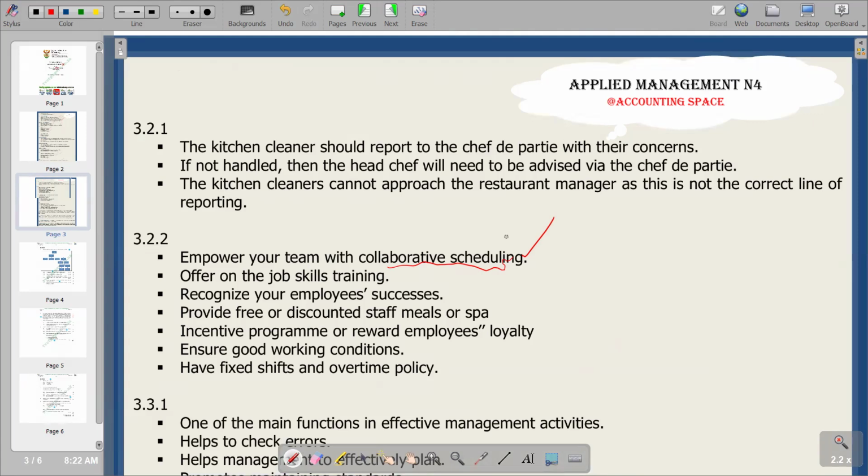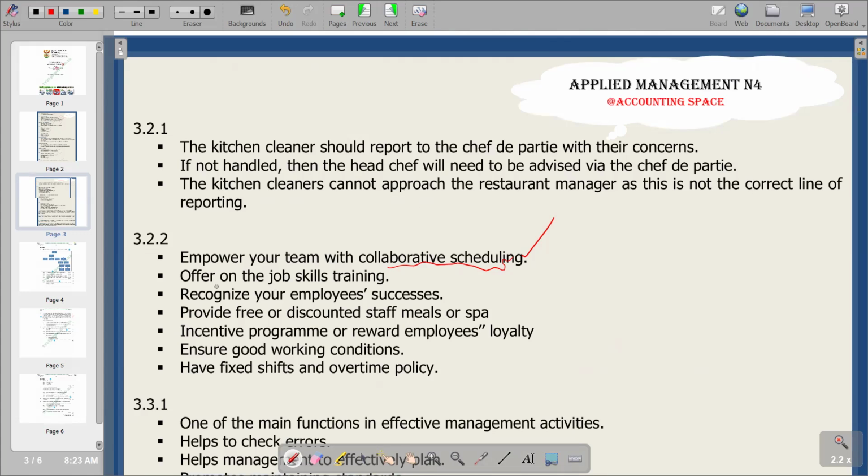This is an approach where team members, rather than management alone, have a say in the scheduling process. So when team members are engaged in the scheduling process, that's collaborative scheduling. Therefore, it is actively involving team members in the creation of the work schedule. So this is the explanation of collaborative scheduling.